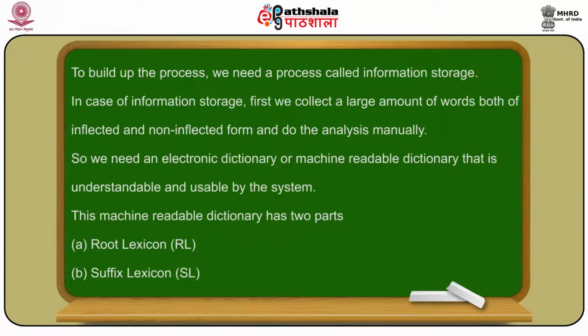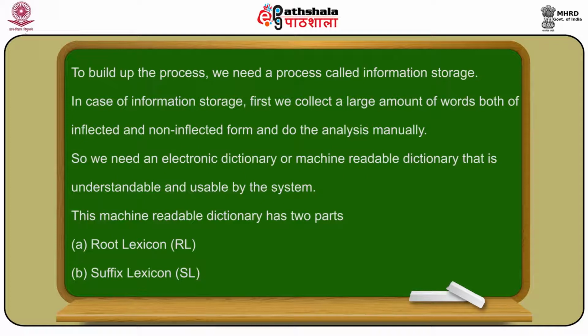So to build the process, we need a step called information storage. In information storage, we first collect a large number of words, both inflected and non-inflected forms, and we do an analysis manually to train the system, to generate our knowledge base or lexical database, the information required for the morphological analyzer.